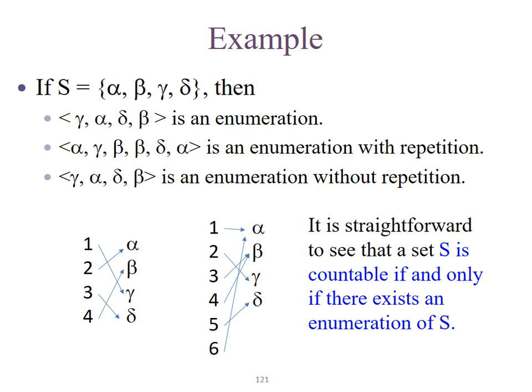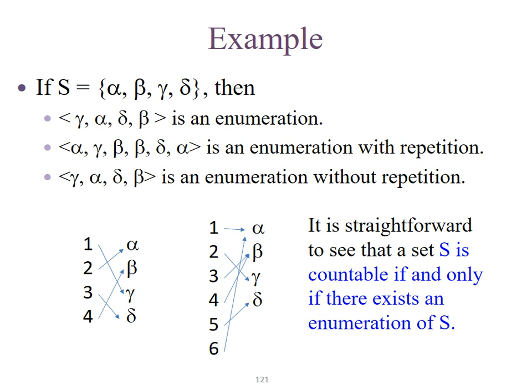Let's see this example. If S has 4 elements, alpha, beta, gamma, delta, then we can map the natural number segment, for example 1, 2, 3, 4. This is a surjective function, so it will map all elements. If you map 1 to gamma, 2 to alpha, and so on, we have an enumeration: gamma, alpha, beta, delta.